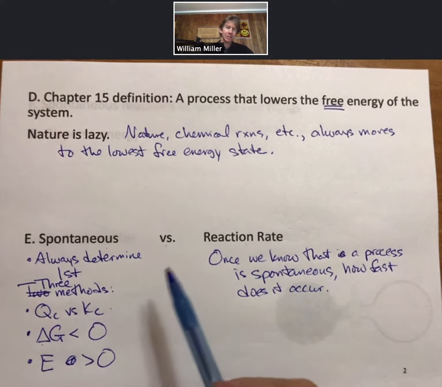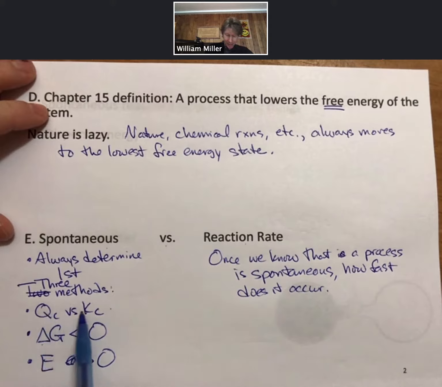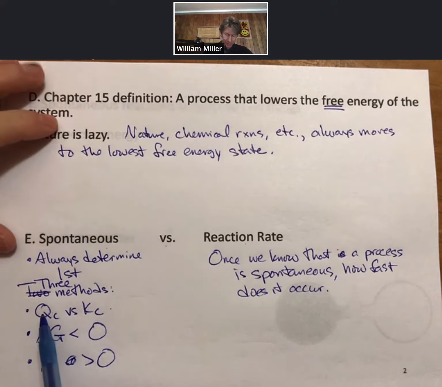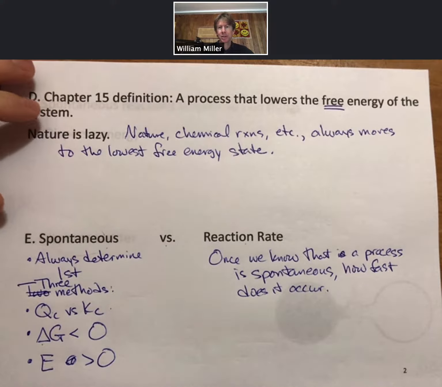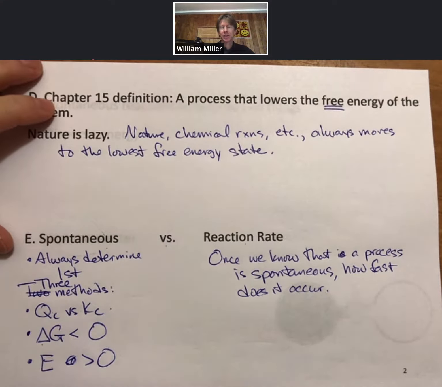And really, just to get philosophical for a minute here, it's easy to measure concentrations of gases and aqueous species. So when we think about why we're using these different methods to determine if a process is spontaneous, it's because it's typically the easiest way to do it. Qc versus Kc is a way to do it in terms of concentrations.